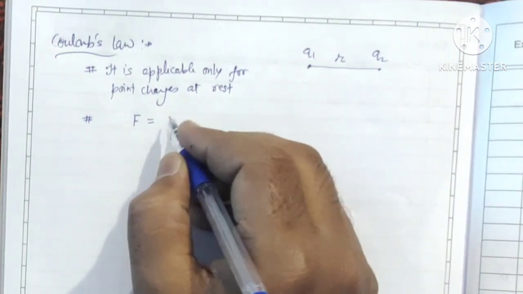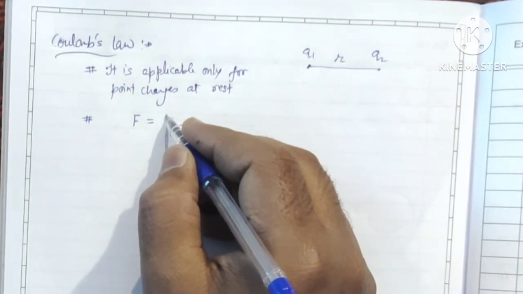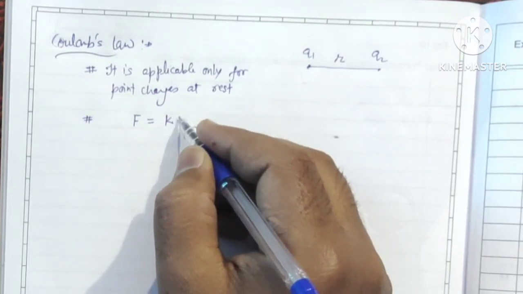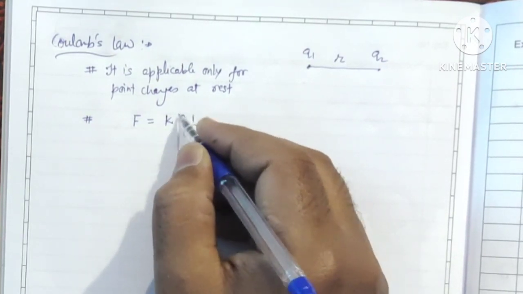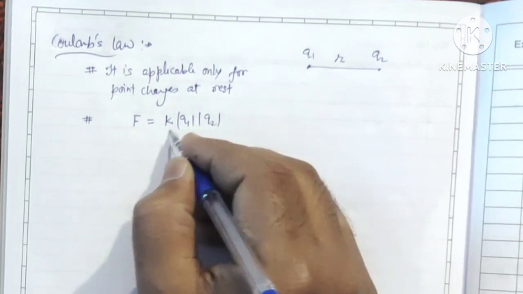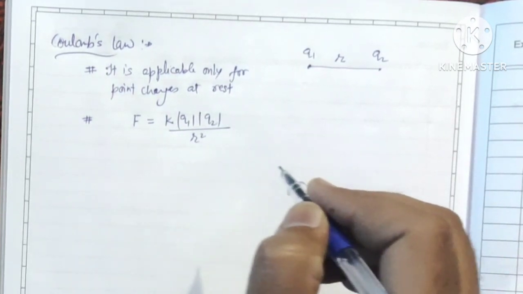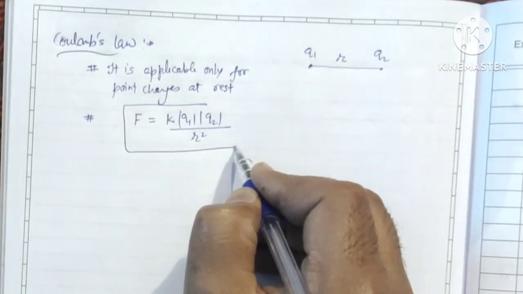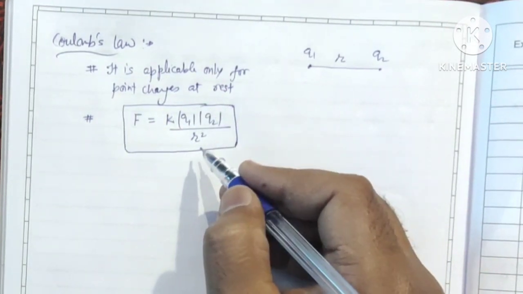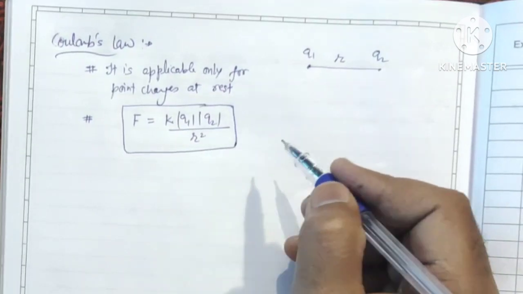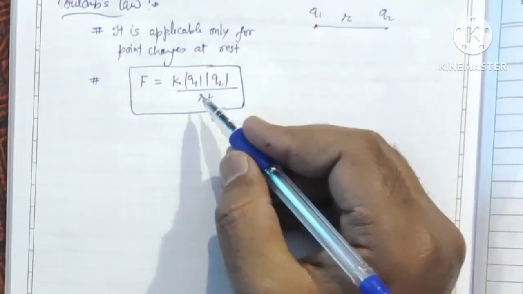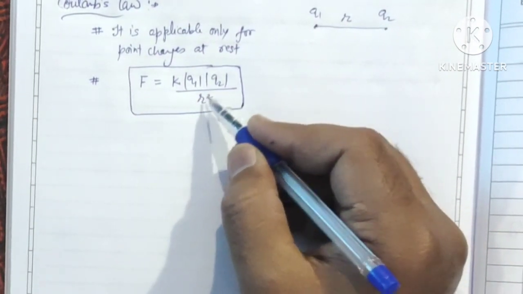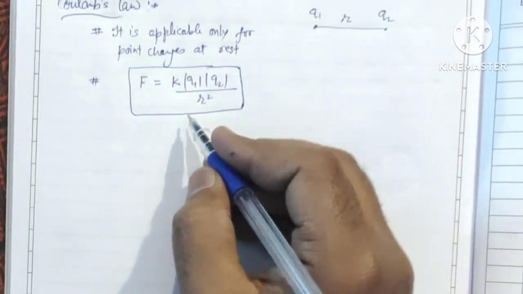So the magnitude of force is given by the expression K |Q1 Q2| divided by R square, because we are talking about the magnitude of this force. We also say this law follows the inverse square law because it follows the inverse square relation with the distance, right?